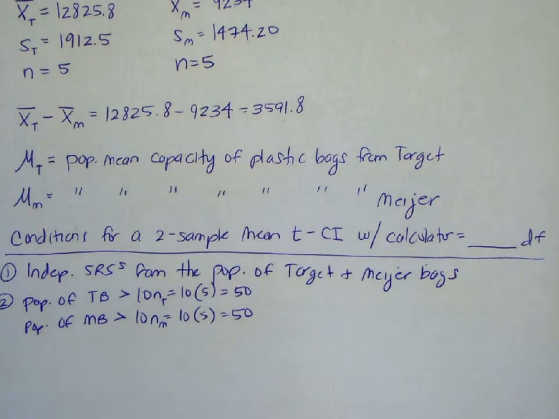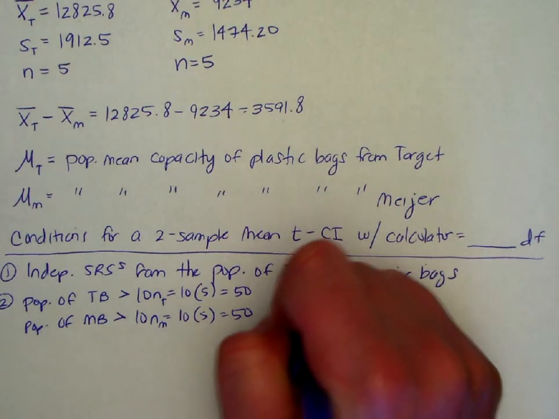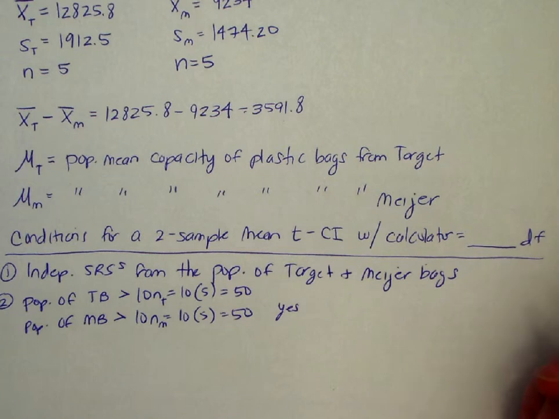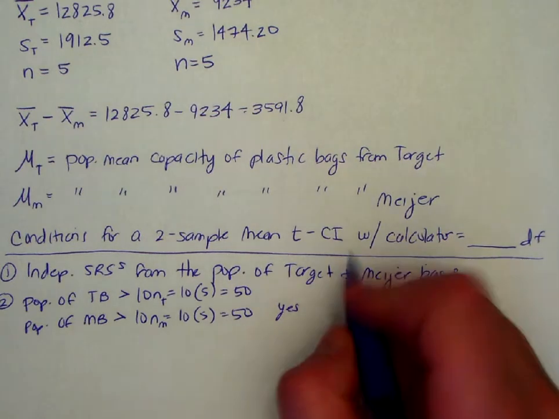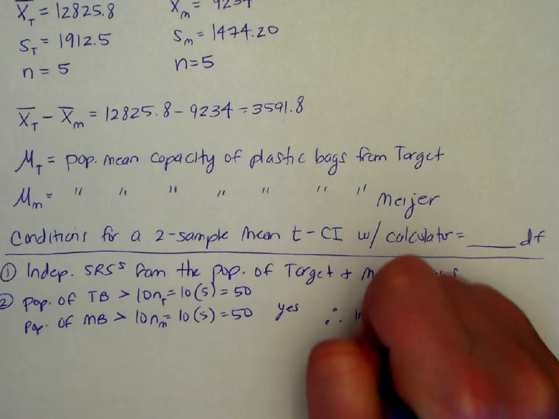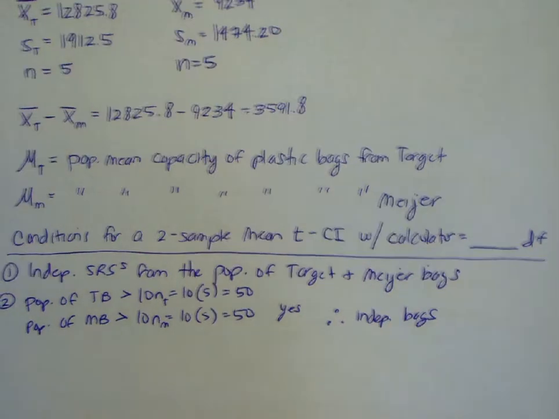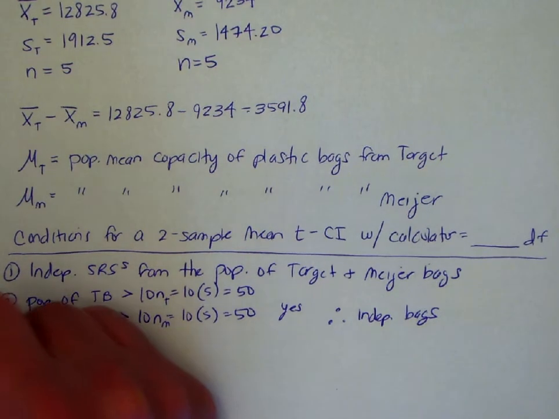Okay, so n for Target, n for Meyer, they are the same, so they both have to be greater than or equal to 50, and I would say definitely a yes here. We've probably got more than 50 bags in my house right now. Therefore, we have independent bags.